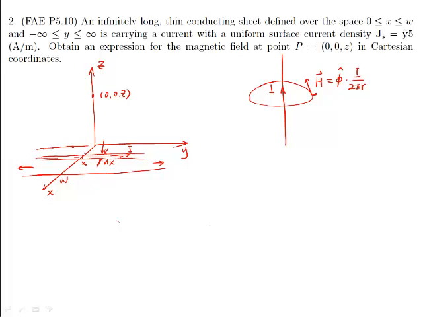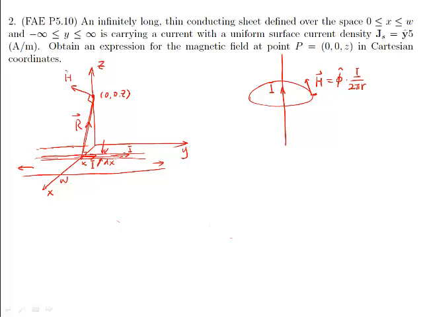So the magnetic field due to this line current would be given again by the right-hand rule. So I have my I and the r vector, then I know that my magnetic field is going to be perpendicular to both of them.